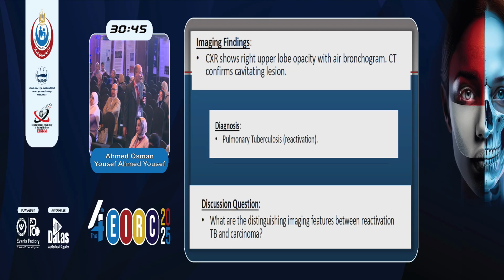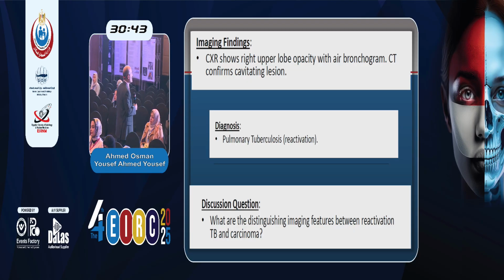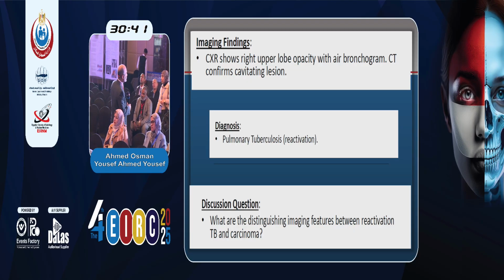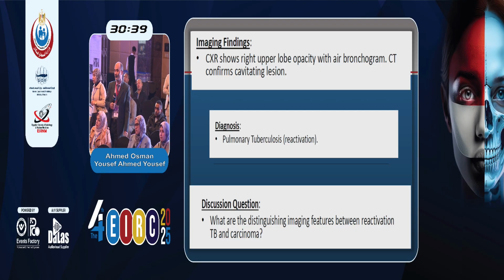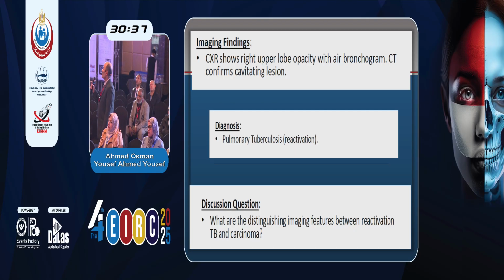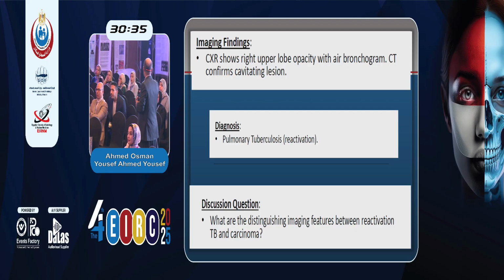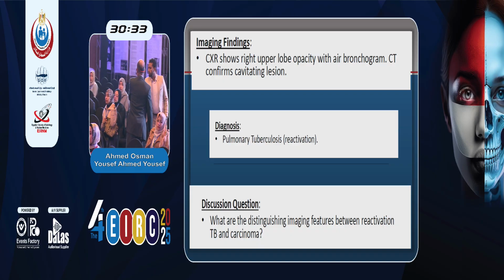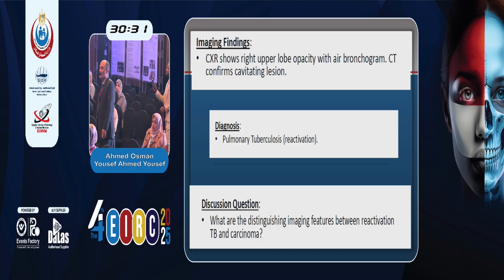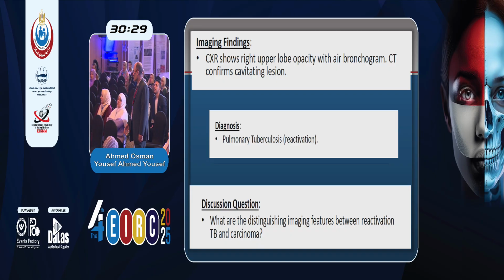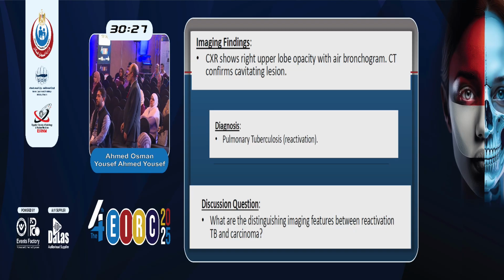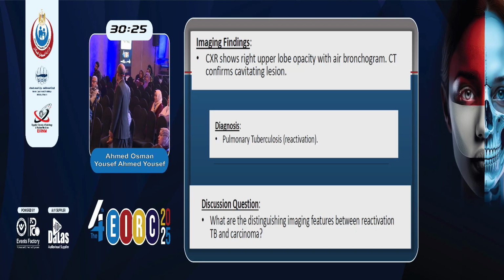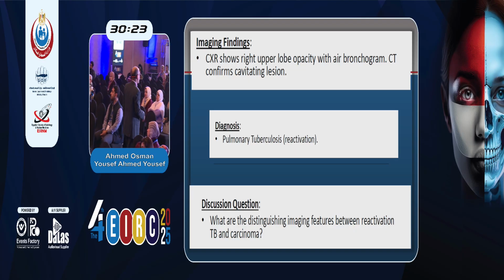Who wants to say? How do you differentiate between reactivation TB and carcinoma of the lung? Yes? Anyone? How can you differentiate between reactivation TB and carcinoma of the lung?